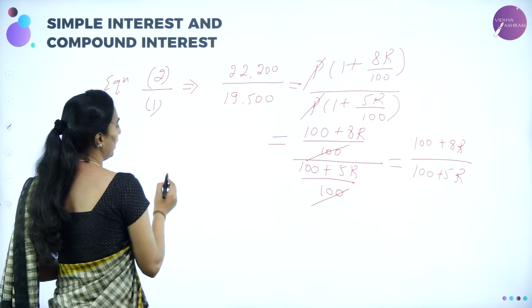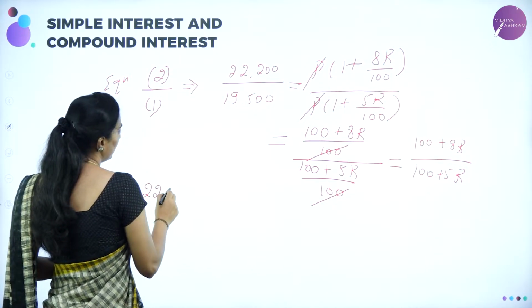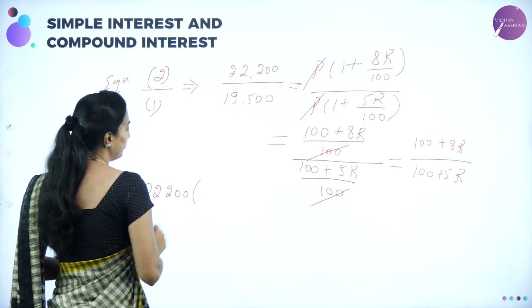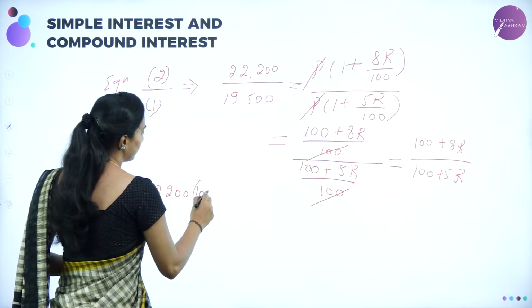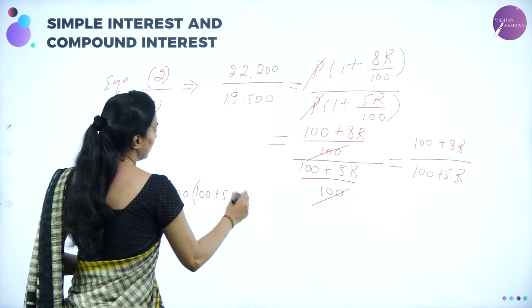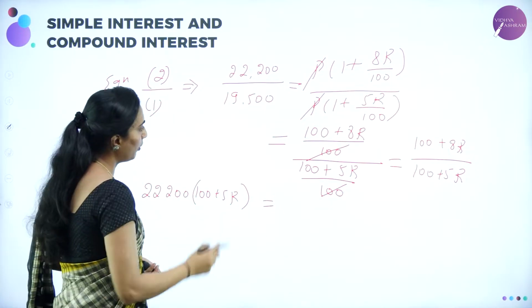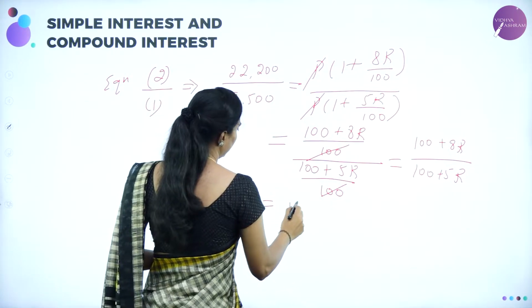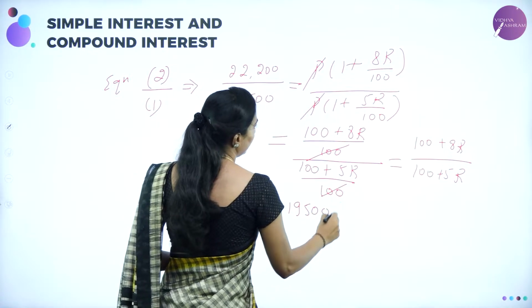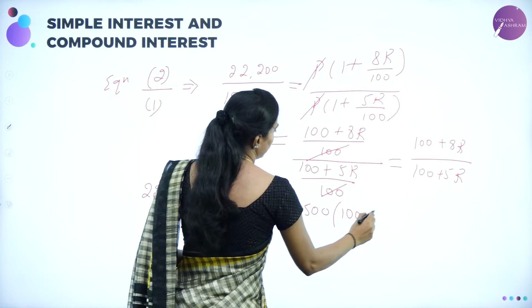So 22,200 into (100 + 5R) is equal to 19,500 into (100 + 8R).